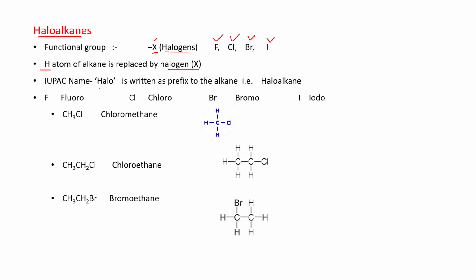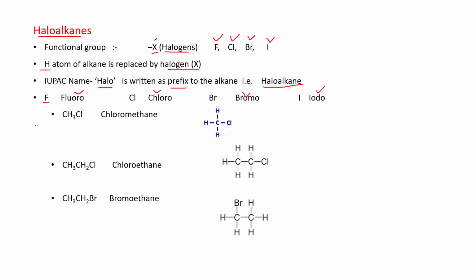And this halo is written as a prefix in the IUPAC name, a prefix to alkane. That's why this is haloalkane. Fluorine is an element, but if it is written in the form of a prefix, we will write it as fluoro. Cl will be written as chloro. Br will be written as bromo. I will be written as iodo.